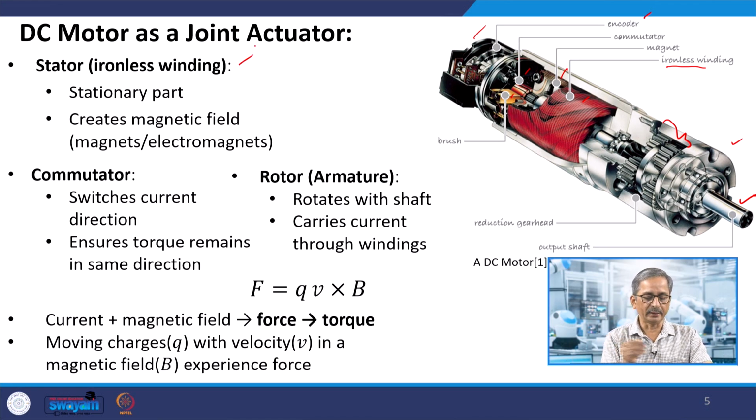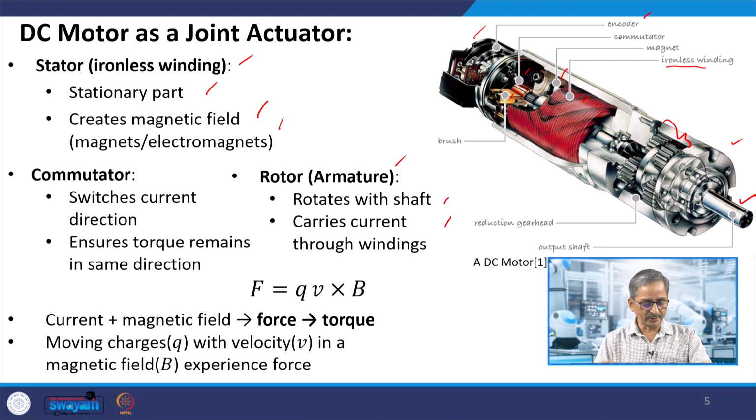The stator of the motor has ironless winding, and it is a stationary part, and it creates the magnetic field. We may have a permanent magnet or we may have an electromagnet. Then we have the rotor part, which is also called the armature, that rotates with the shaft and carries current through the winding. The commutator has the role of switching the current direction, and it ensures that the torque remains in the same direction.